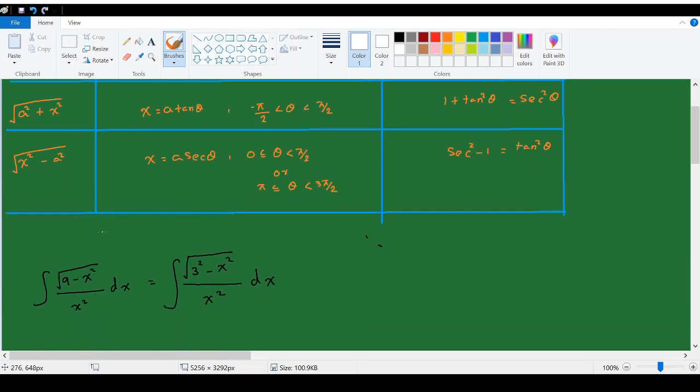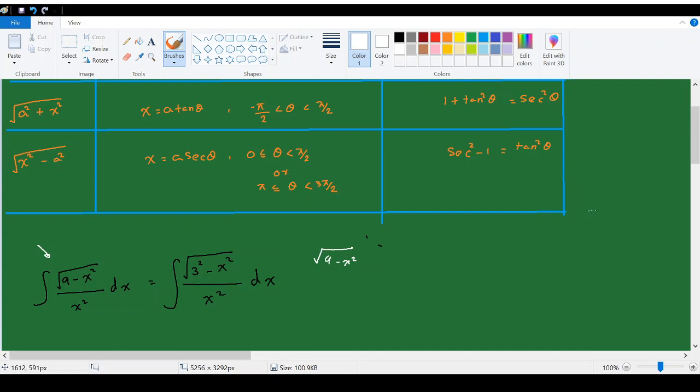For the example we consider this integral. The special property that we need to highlight here is that we have a square root along with an x term as well as a certain digit, for example here we have 9 along with x squared.